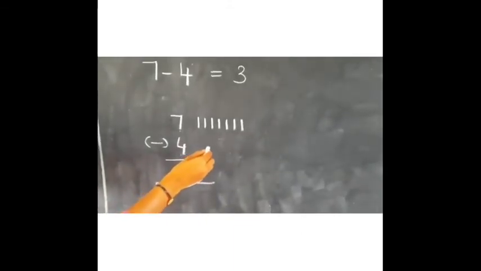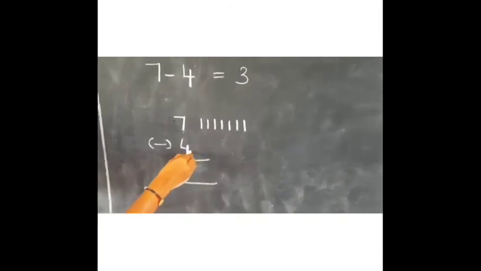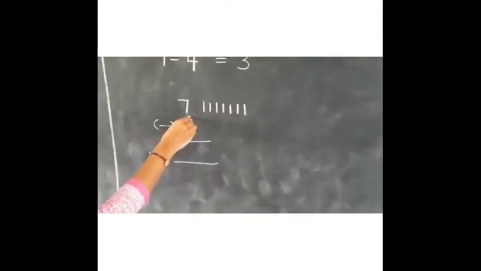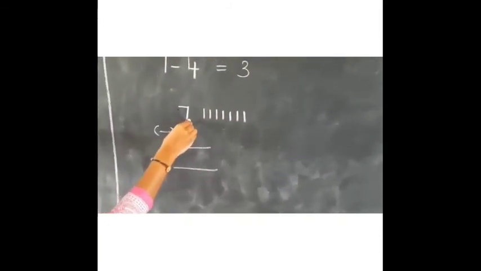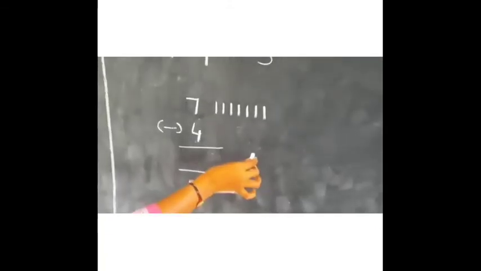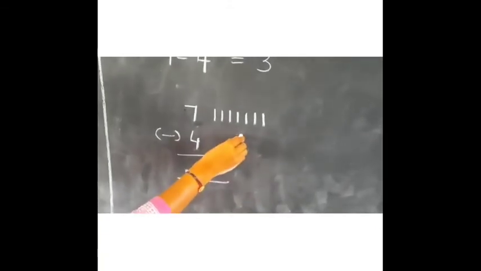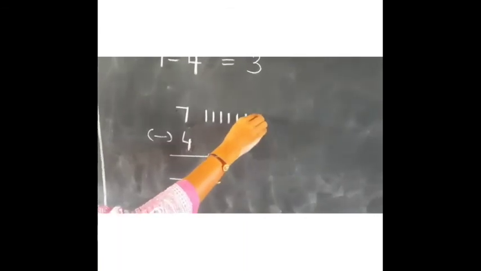Children, since we have to subtract 4 from 7, let us cross 4 lines. 1, 2, 3, 4.